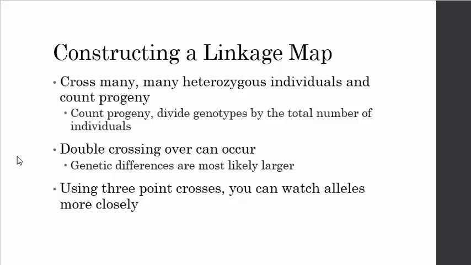You have to remember, though, that double crossing over can occur because different chromosomes are coming together quite a few times in each division. So the genetic differences in linkage maps are probably largely underestimated. Sometimes we do use 3-point crosses, so we're looking at 3 different genes, and it allows us to watch the alleles a little bit more closely so we can really see when they're recombining differently.